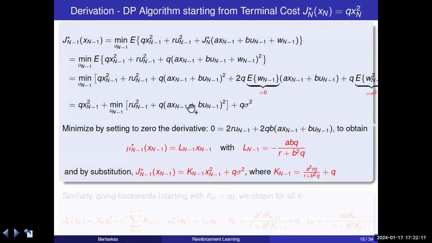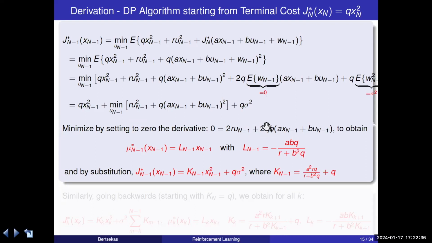Setting the derivative of this to 0, all these quadratic terms, gives you this. And this equation can be solved for u. And the solution is this. Okay, you have to calculate it.